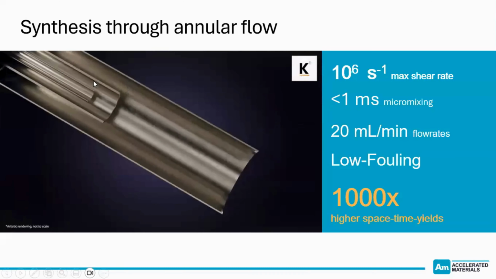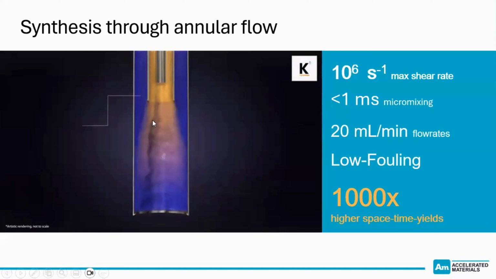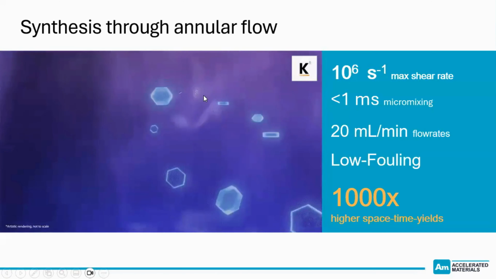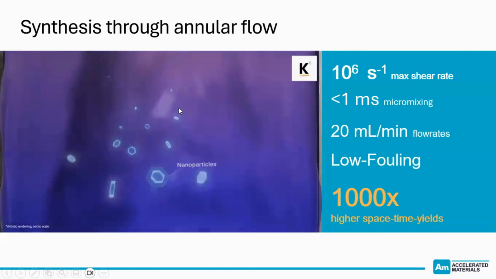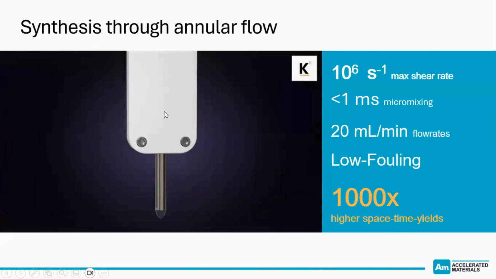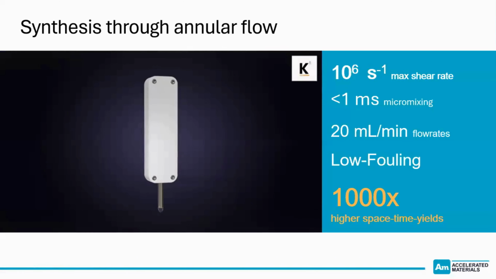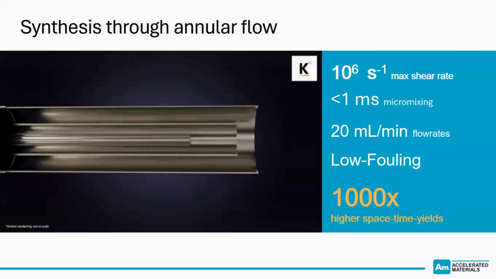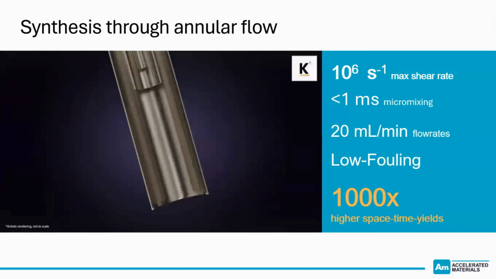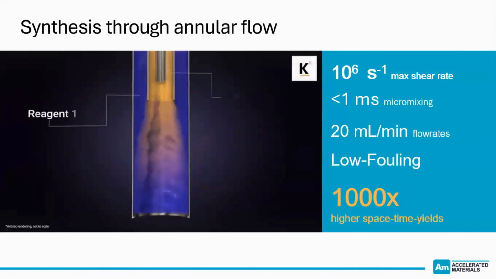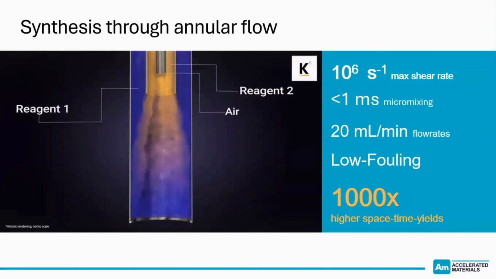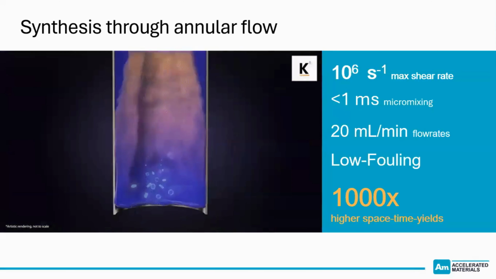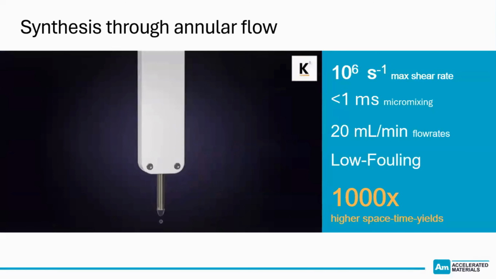You can see tube 1, tube 2, and tube 3. For the outer tube and the middle tube, you supply reagent 1 and reagent 2. And in the middle, you pump the air with very high velocity. That helps to mix the reagents inside the tube. So you can control the shear rate by the rates of the two reagents and the airflow rate.